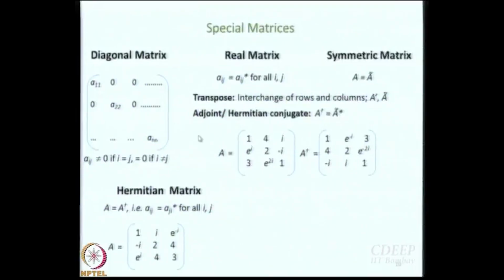Now, take the second row. I, where will this I go? To the 2 1 position, and it will become minus I, complex conjugate. 2 does not change place, and it is a real number, no issue. 4 goes here, right. Then e to the power minus I should come to 3 1 and become e to the power plus I. 3 remains in its place.